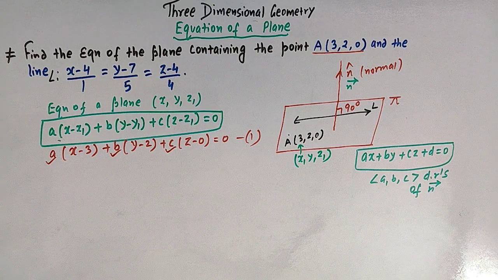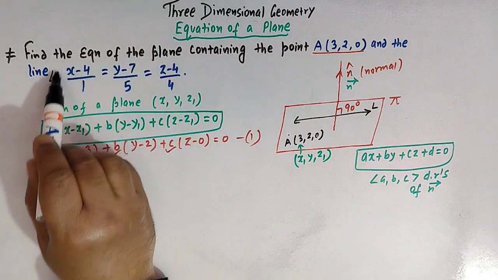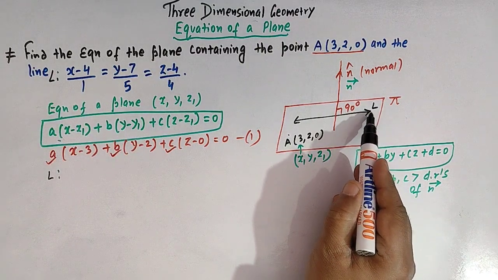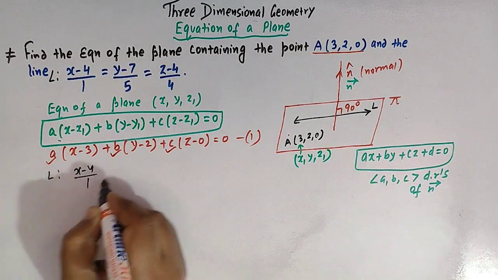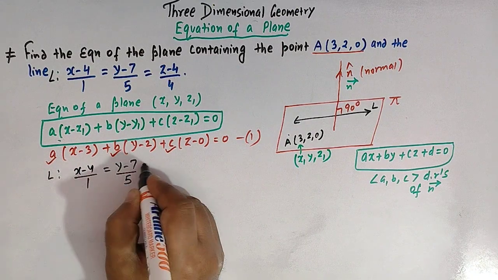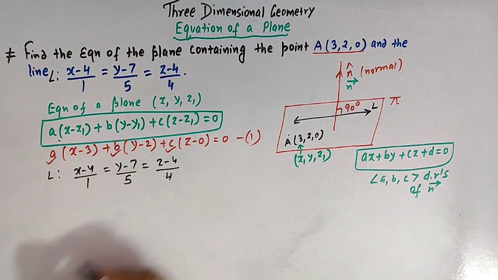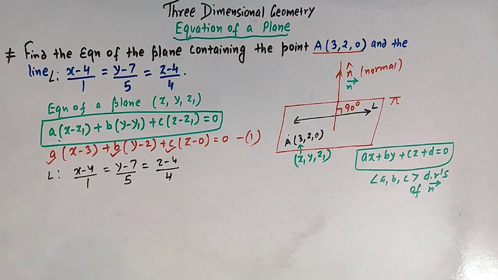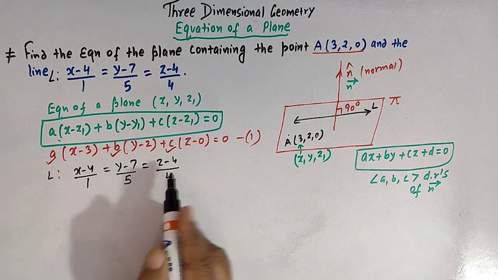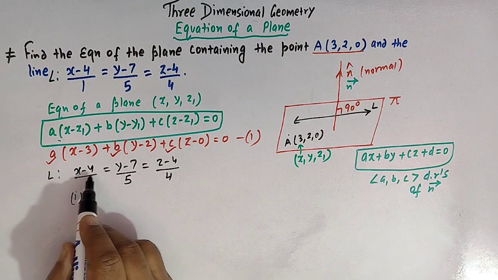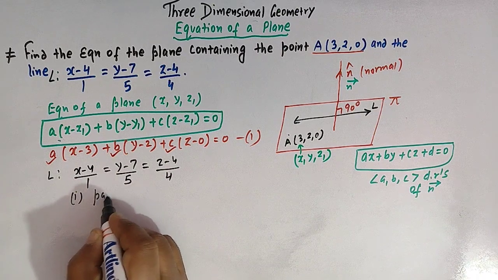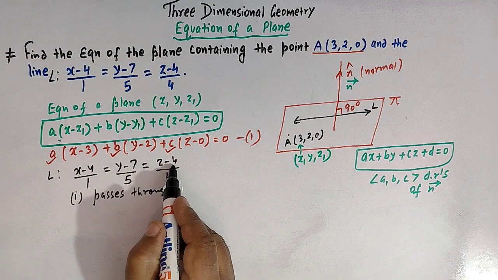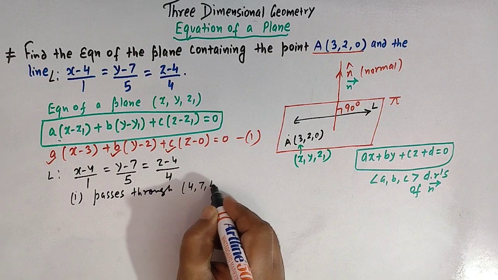So now let us take the help of this equation of the line. The given equation of this line L is (x − 4)/1 = (y − 7)/5 = (z − 4)/4. Now if we look at this equation, then we can conclude two things from it. Number one, this line L passes through the point (4, 7, 4).